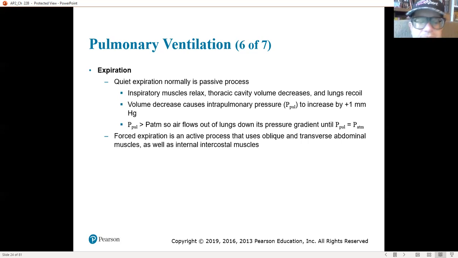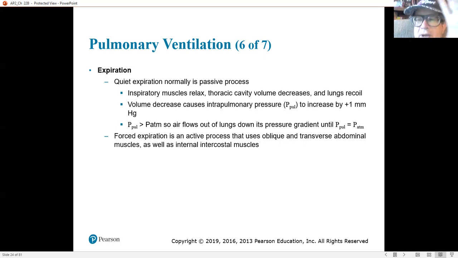Why would the diaphragm come up? It's because those stretchy lungs try to return to their normal shape, and as they contract, as they get smaller, they pull everything back. They pull the diaphragm up, they pull the ribs in. This causes intrapleural pressure to increase.